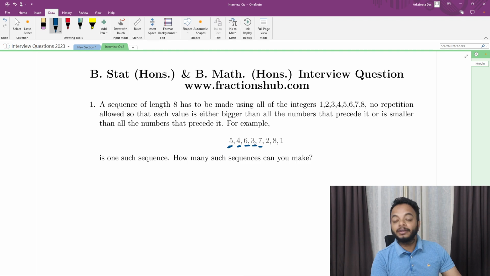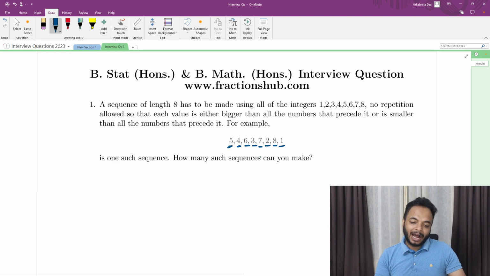So 5 4 6 3 are all smaller than 7. 2, again 5 4 6 3 7, all these integers are bigger than 2. 8 is the max out of these, so all the numbers before it are less than 8, of course, and 1 is the minimum, so all the numbers before that are greater than 1.